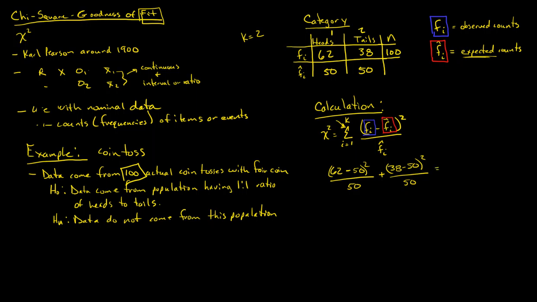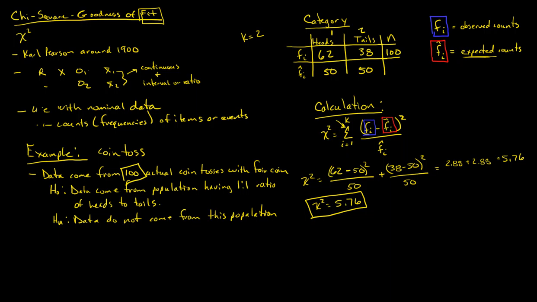This equals 2.88 plus 2.88 equals 5.76. So chi-squared equals 5.76.